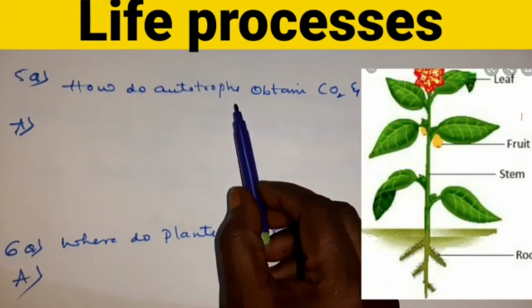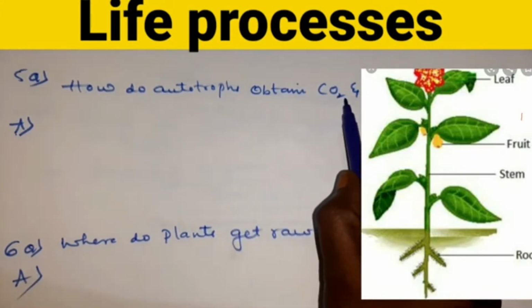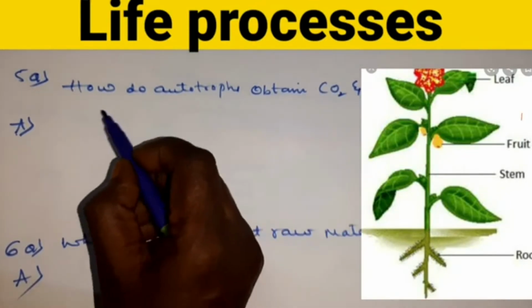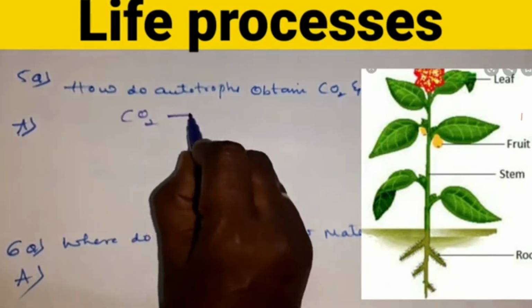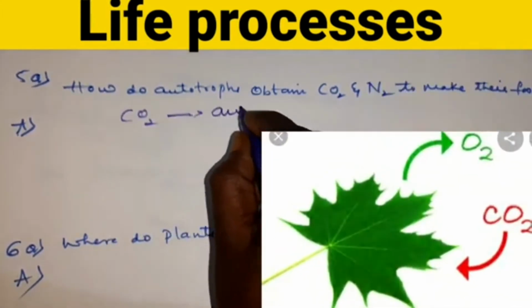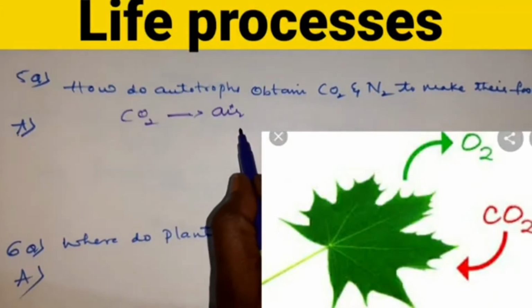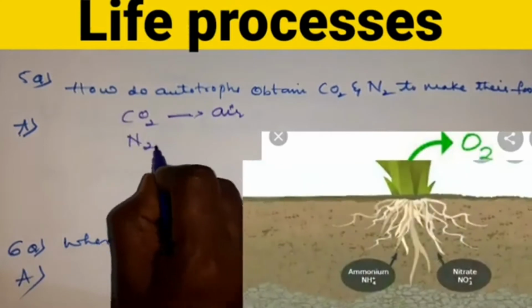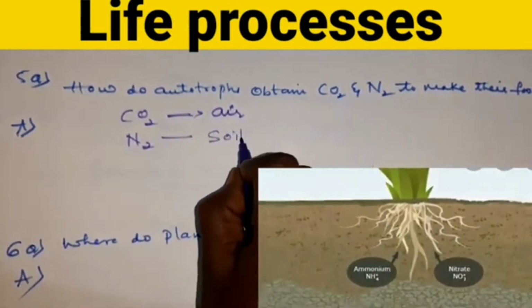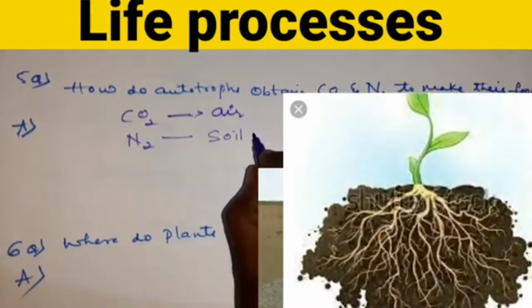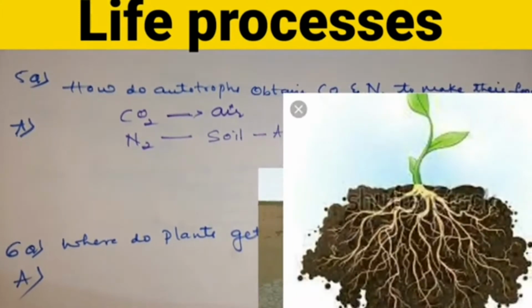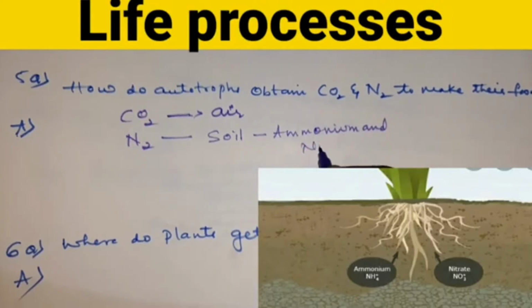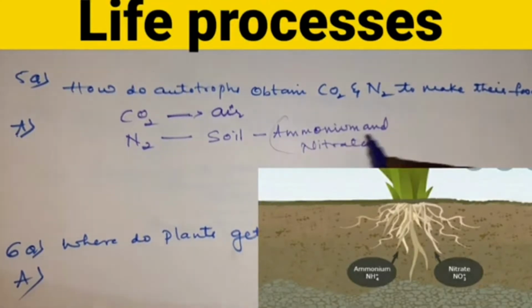Autotrophs obtain carbon dioxide from air, sorry children, and nitrogen from the soil, in the form of ammonium and nitrates.